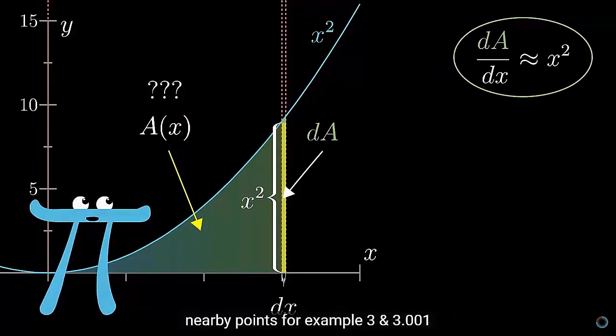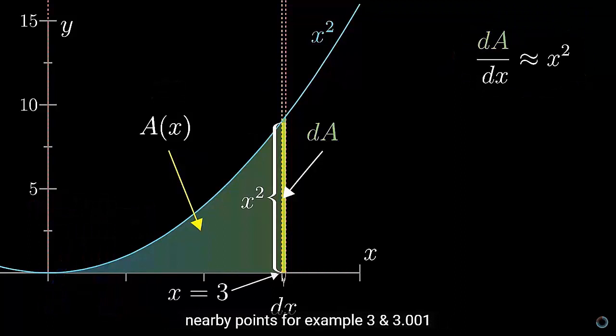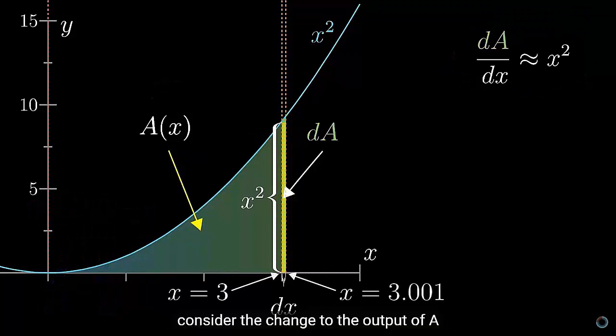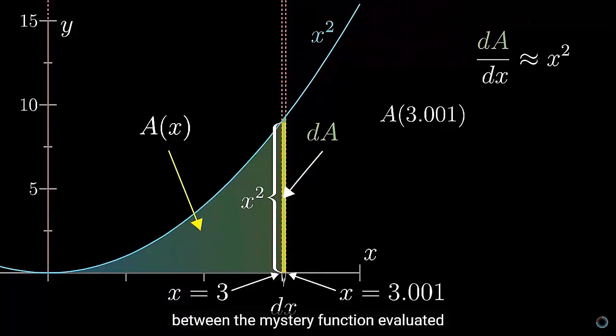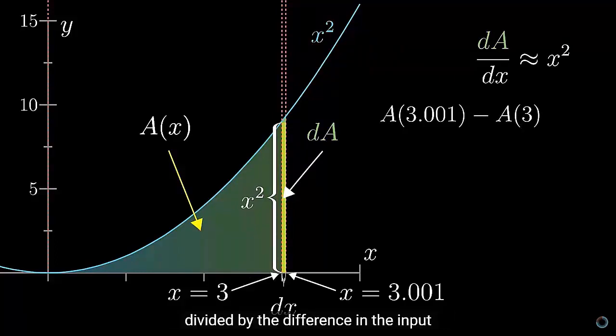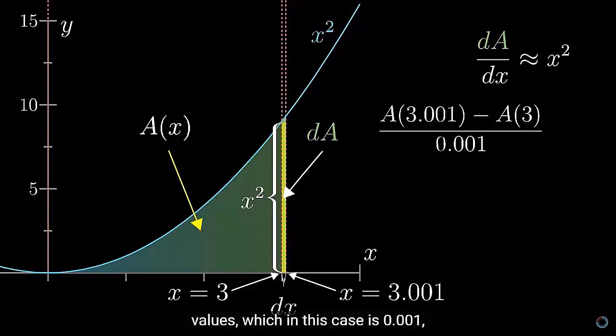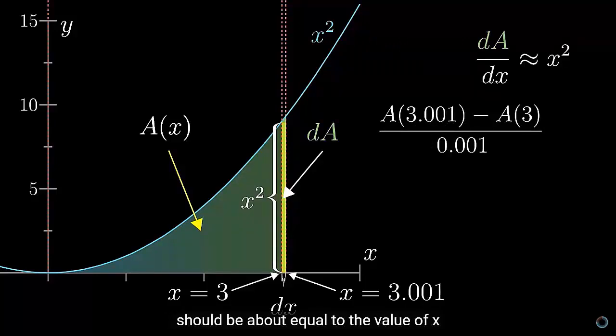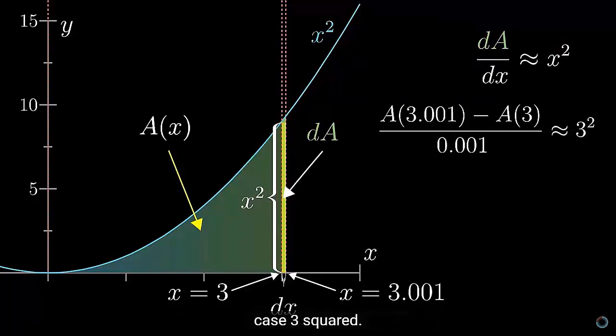When you look at two nearby points, for example 3 and 3.001, consider the change to the output of A between those two points, the difference between the mystery function evaluated at 3.001 and evaluated at 3. That change, divided by the difference in the input values, which in this case is 0.001, should be about equal to the value of x squared for the starting input, in this case 3 squared.